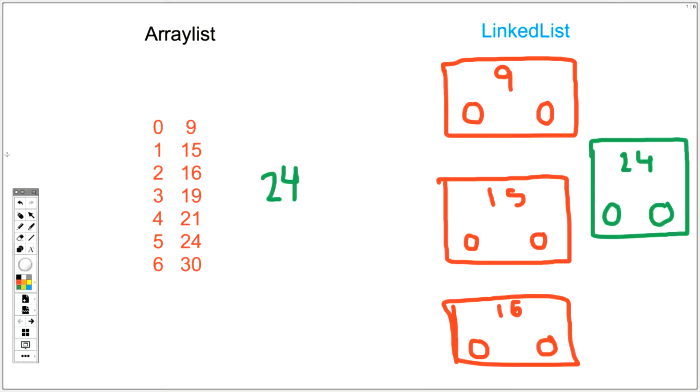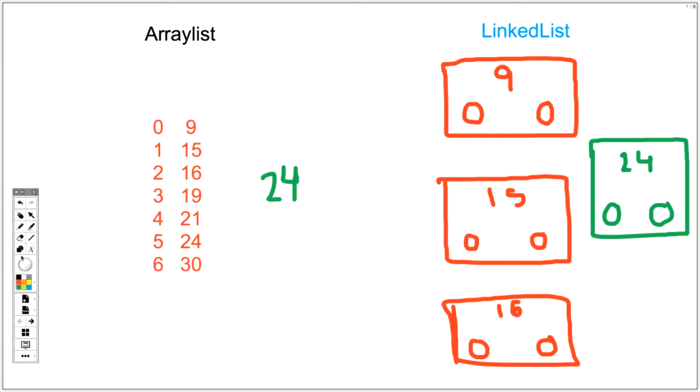So we're back to our whiteboard again. Here I have an ArrayList and LinkedList example. In the ArrayList, I've mentioned some numbers, and here I've just mentioned their indexes.